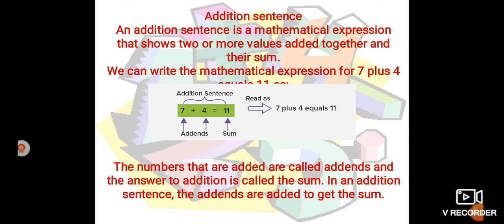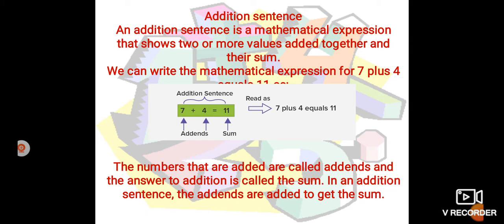That means the core meaning is that a mathematical expression has two or more values which we are adding to get a sum. We can write the mathematical expression for the last example, that is 7 plus 4 equals 11. So what is the sum?